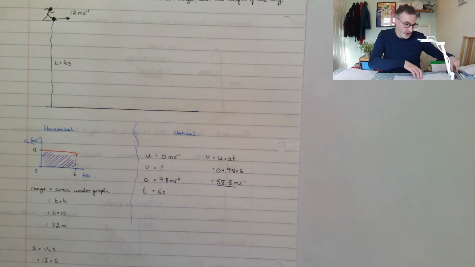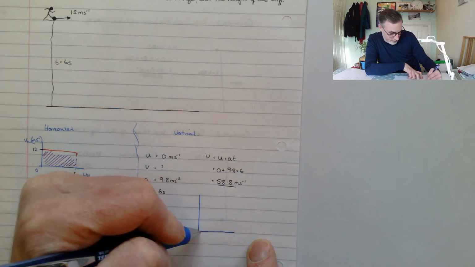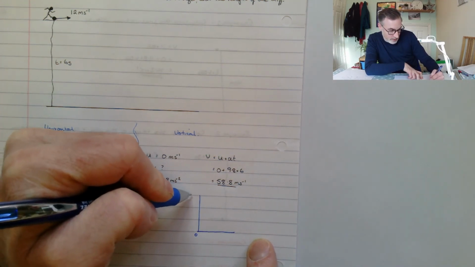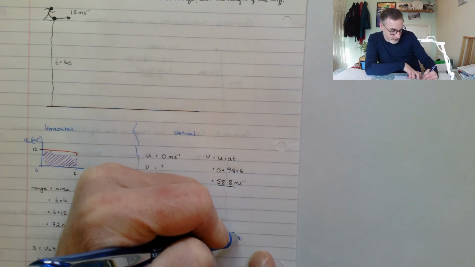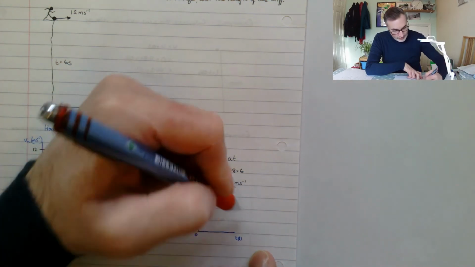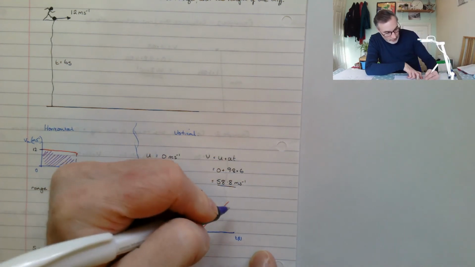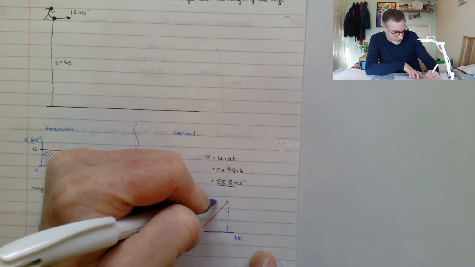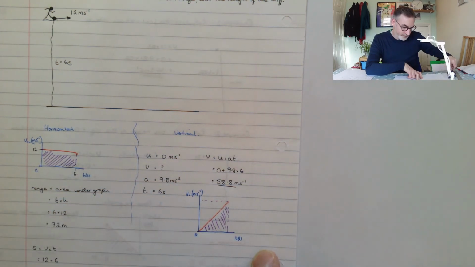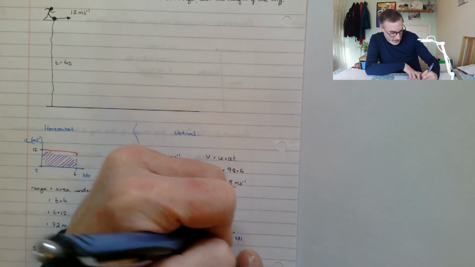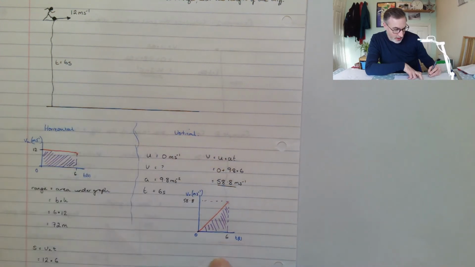Then we come to drawing our velocity time graph. Quick sketch. So we know 6 seconds. Final velocity we've just calculated is 58.8.